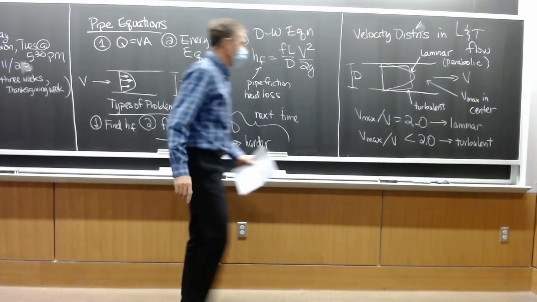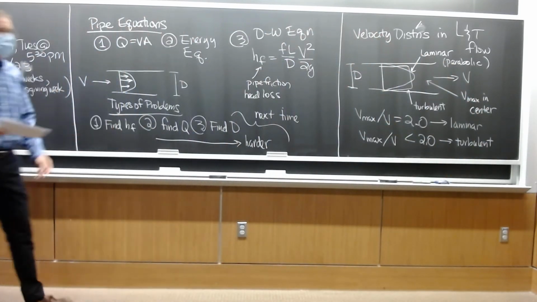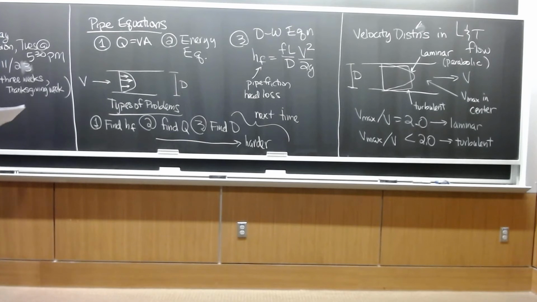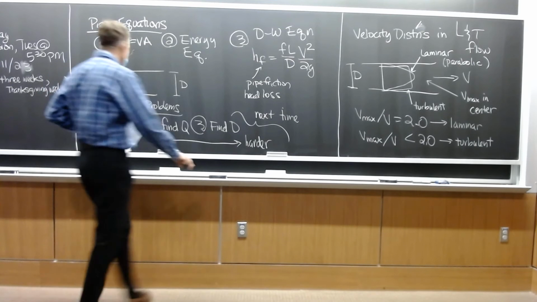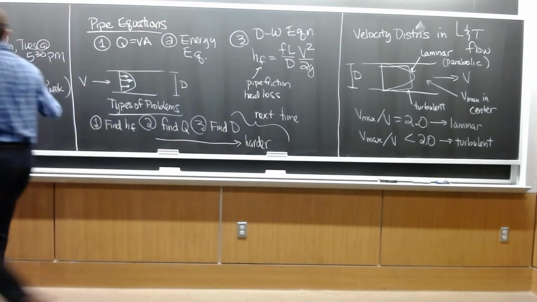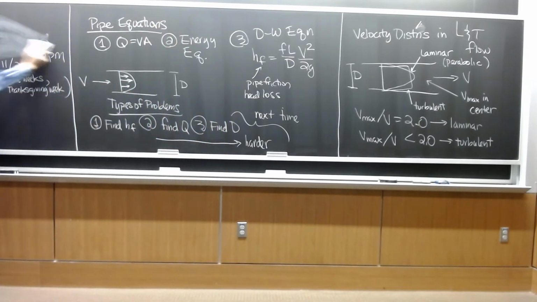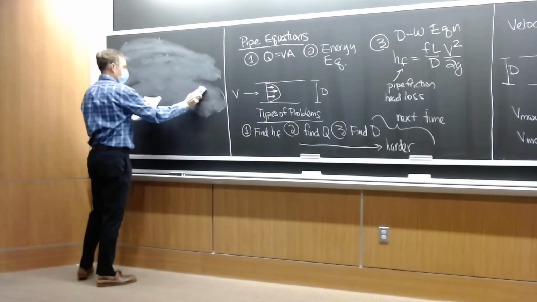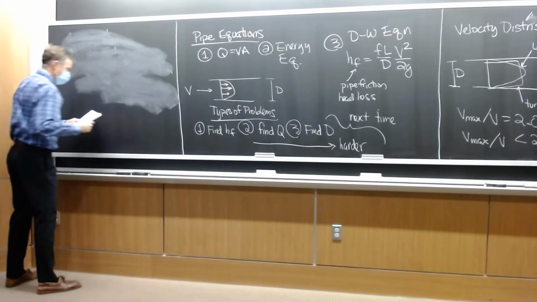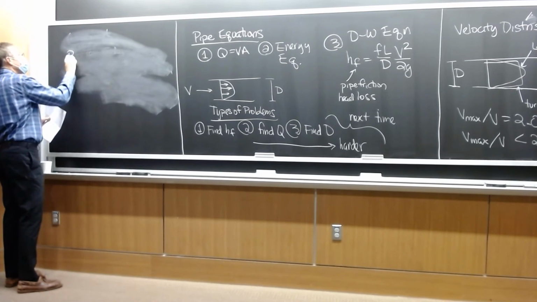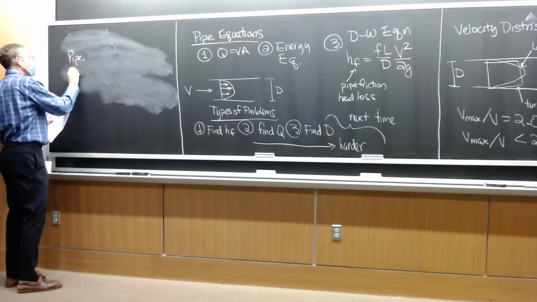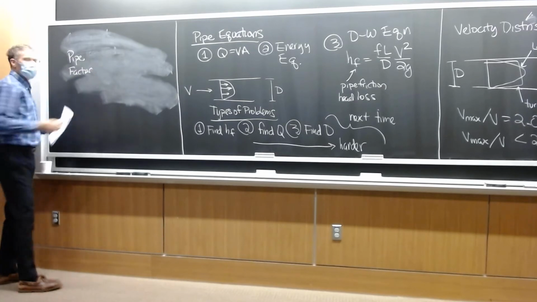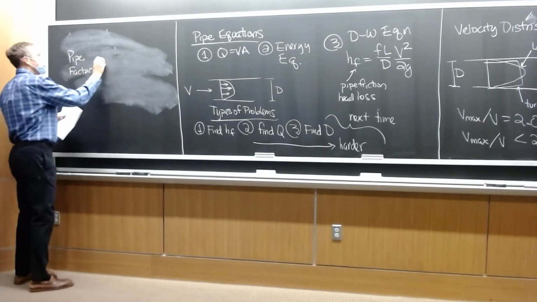For turbulent flow, that ratio of the maximum to the average is less than 2, and there is an equation for that, given a special name called the pipe factor.